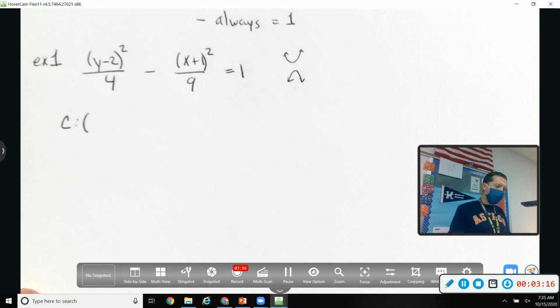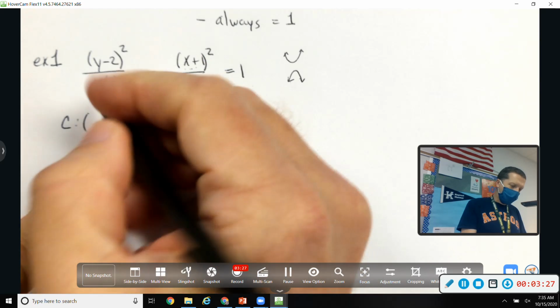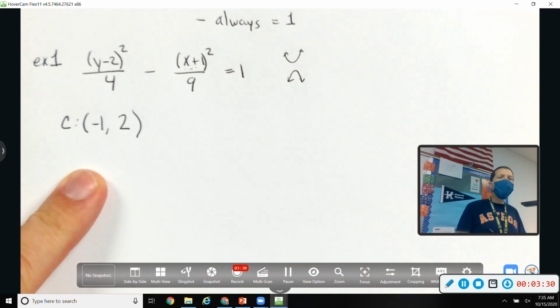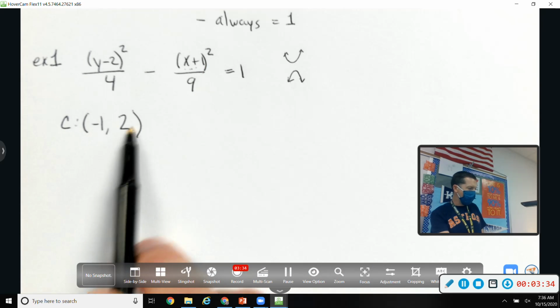All right, the center, find it the same way you do an ellipse, although be careful, because for an ellipse, the x always came first. Here, we just need to be a little bit more careful. The x would be -1 and the y would be 2. So don't just read them off in order. Make sure it's x and then y.